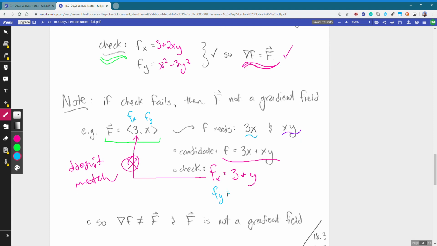Take the partial with respect to y, and in this case, this one actually does match. But our partial with respect to x does not, and so we can say that our vector field is not a gradient field from that work. We could also use our indirect test real quick to check the cross partials and see that they don't match up. But this is how it looks for this direct method to communicate that the vector field we're working with is not a gradient field.